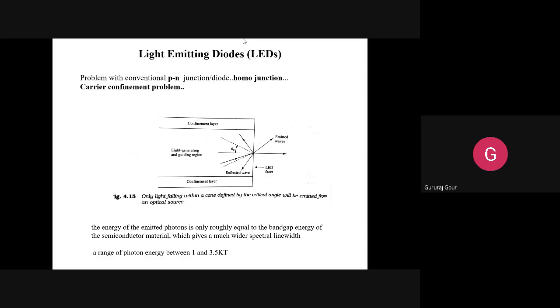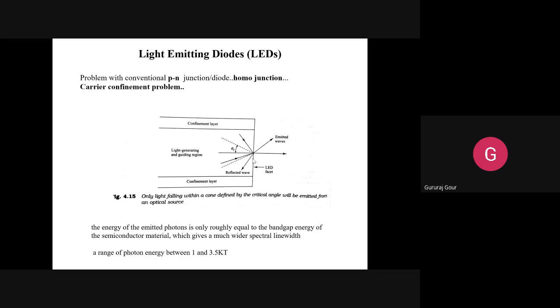So this is actually called the carrier confinement problem. So where is the carrier confining here? Only the light falling within the cone made by the critical angle is allowed to exit from the LED facet. Coherent light, it is generative. What about the remaining rays? They are confined to these layers.